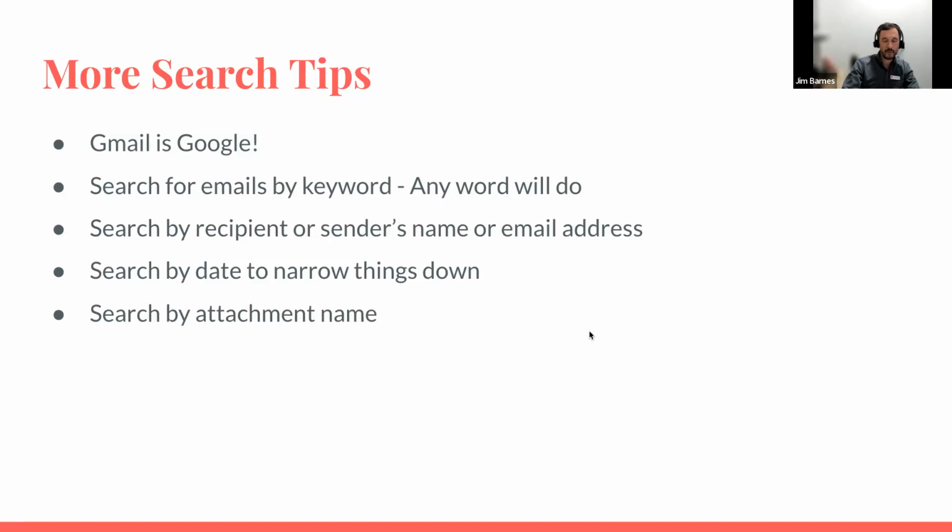It doesn't have to be the subject. It can be a word that's in the email itself. Or it could be the person's name or the person's last name or the person's email address, or really whatever. So don't be scared to search a lot of different ways if you're looking for an email.